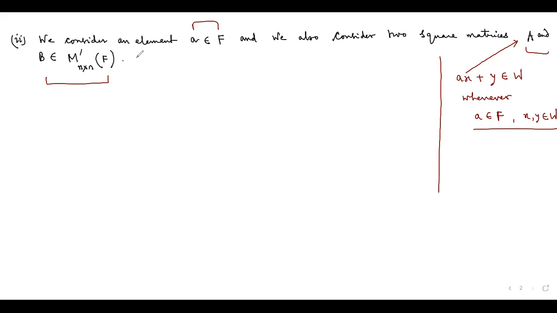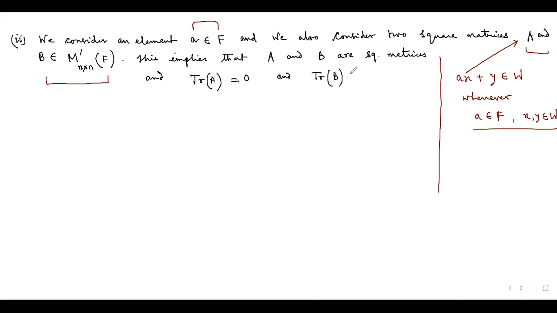So this implies that capital A and capital B are square matrices, and trace of capital A is equal to 0 and trace of capital B is equal to 0 because I've selected them from here.